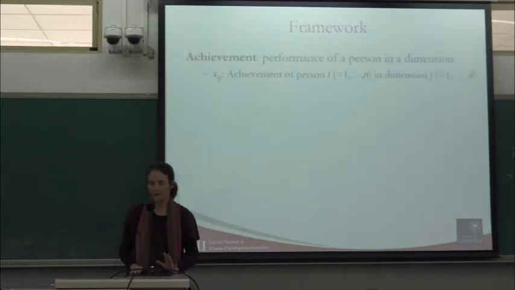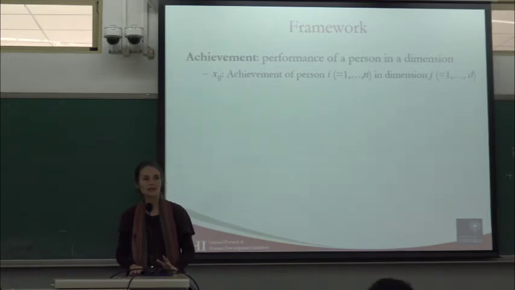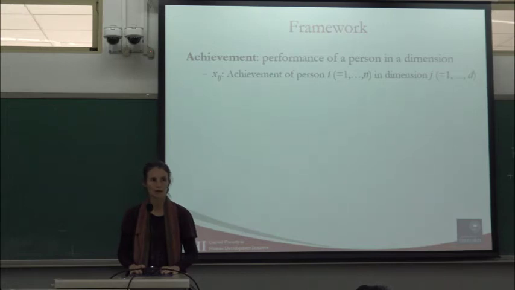Now you saw this yesterday, so I'm just going to remind you of the notation. But yesterday I presented this notation with reference to unidimensional poverty measurement. Now the same notation is presented for multidimensional poverty measurement. So Xij is the performance of person i in dimension j. There are n people and d dimensions.